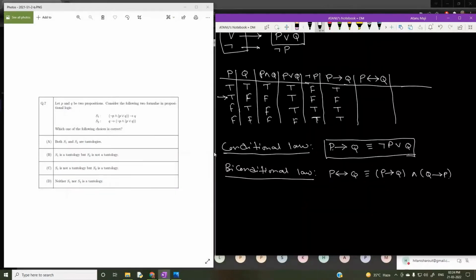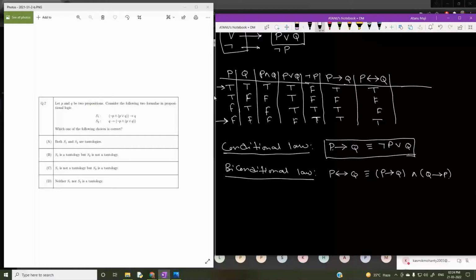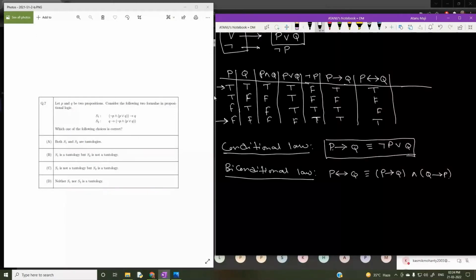Exactly that scenario you can see here on the first and the fourth row, where both propositions are true or both are false. So in those two cases we have to get the output as true, and for all other cases the output should be false. Got it? So biconditional means when two propositions have the same input, the result will be true, otherwise the result will be false.